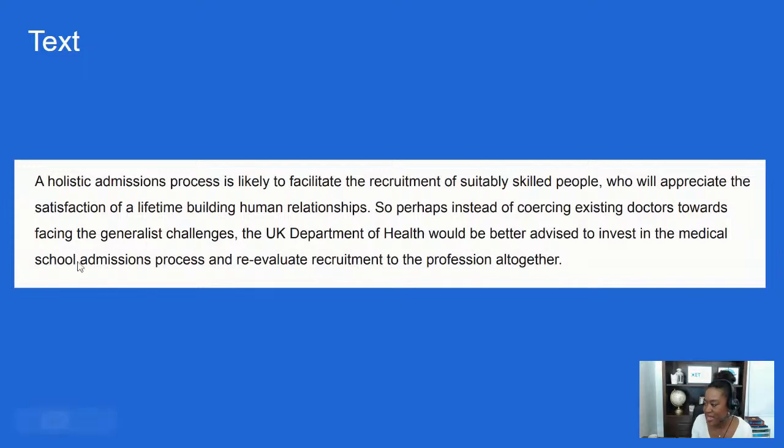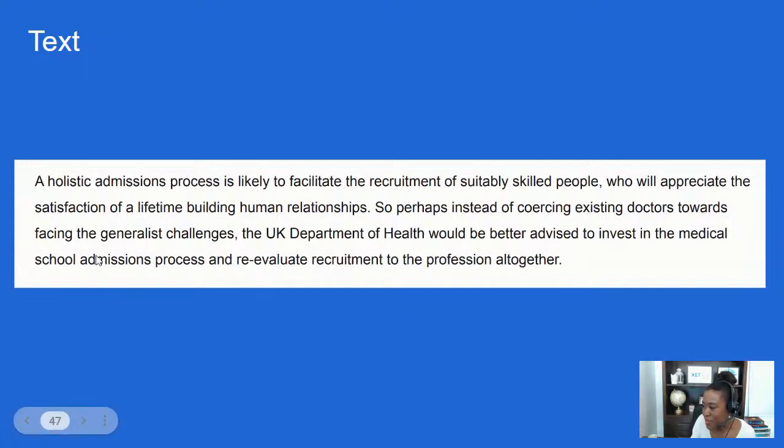Okay, so again, there might be one or two words that you find a bit tricky. So this is where vocabulary building comes in and makes life easier for you. But even without that, I'm hoping you'll be able to get the main ideas. Coercing is similar to forcing.